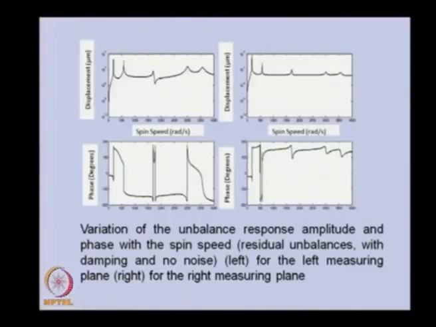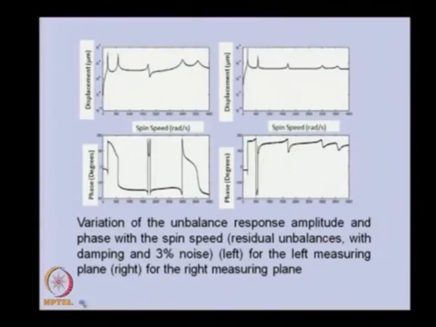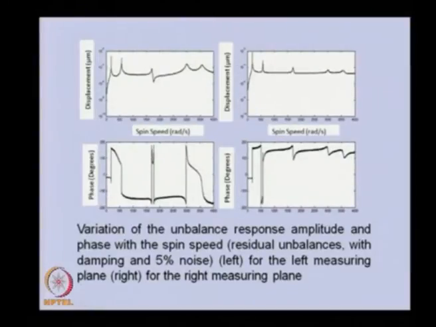Now, in this particular case we have shown higher modes also, similarly as we discussed for the various cases of the previous one. Here there is no noise, and damping is there. This is the response generated with some noise in the system with the damping, and these are the responses due to the residual unbalance which is there in the system.